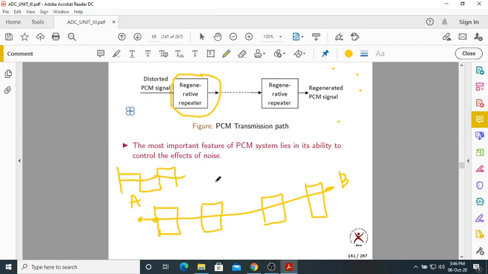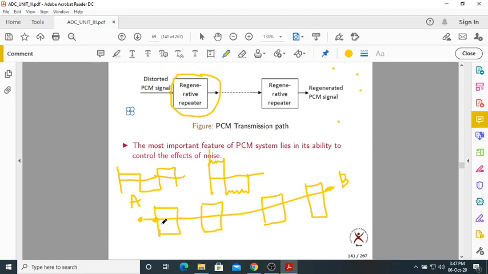You may receive something like this. From point A you are transmitting a clean signal, but at this point you are receiving something somewhat distorted.